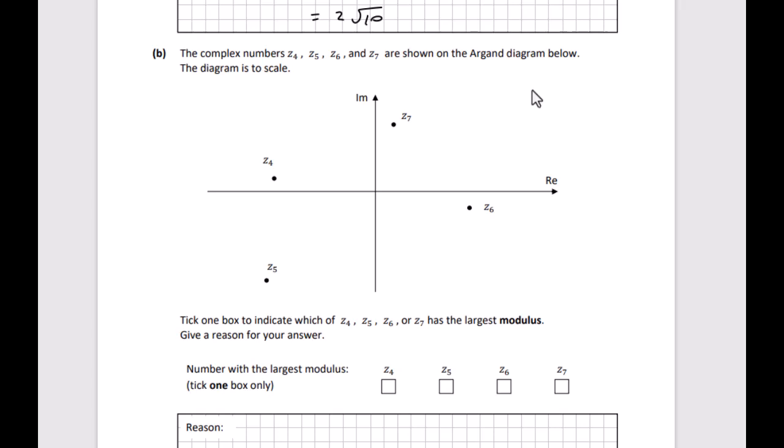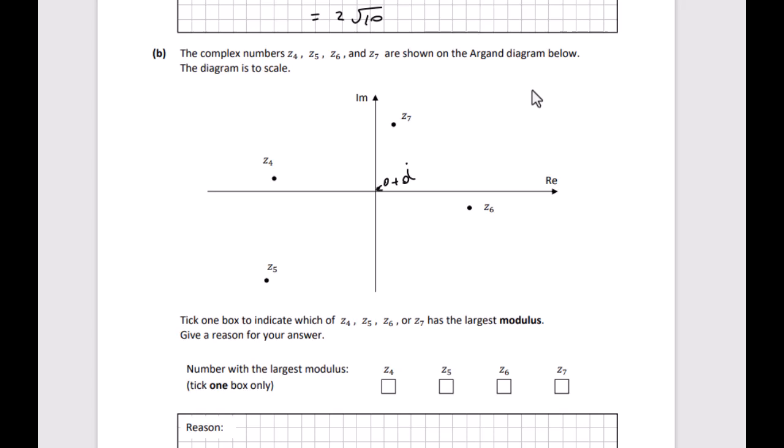So let's have a look at B then. The complex numbers Z4, 5, 6, and 7 are shown in the Argand diagram below. The diagram is to scale. Tick the box to indicate which of Z4, 5, 6, or 7 has the largest modulus. Give a reason for your answer. Well, if you look at the modulus, really it is the distance that the complex number is from the origin, from this point here where the two axes, the real and the imaginary axis, cross. So from this point here, 0 plus 0i.